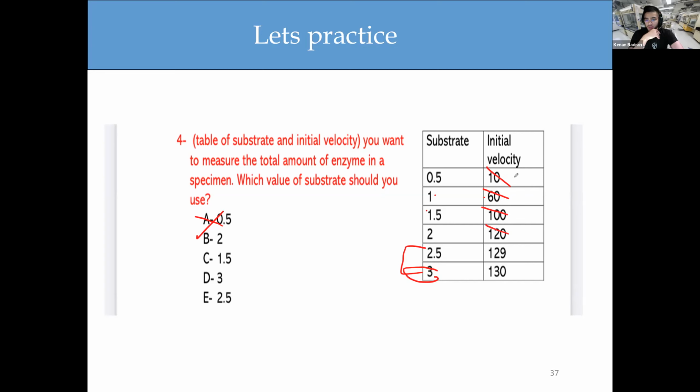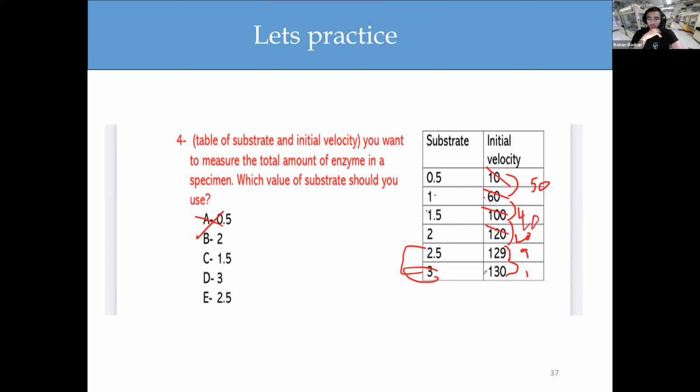Here, as you go, you notice the difference in the increase. First, it was 50. Then it was 40. Then it was 20. Here, from 120 to 129, the increase is only by 9. And then now we're plateauing at 130.